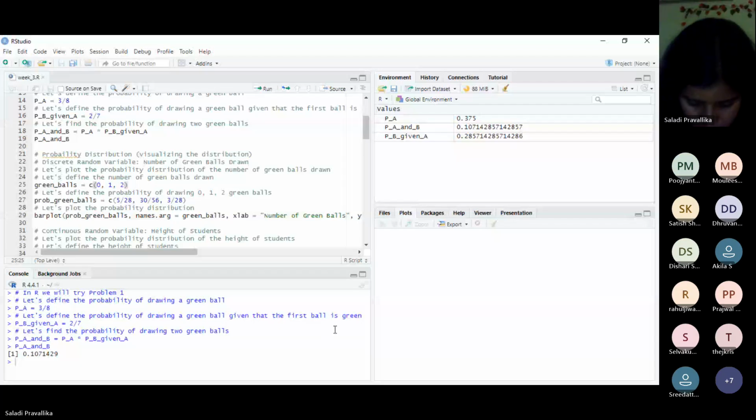Is the screen visible? Can anyone confirm? No. Okay.